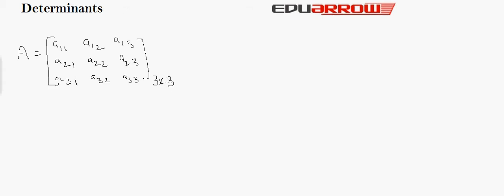Now, if we have to find out its determinant along any row or column, what will we do? Firstly, we'll find out the common element and multiply it by minus 1 to the power i plus j.